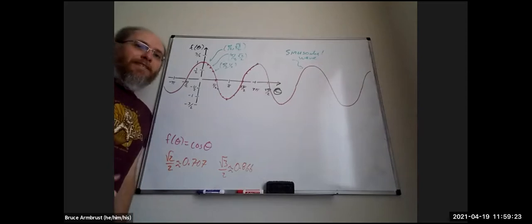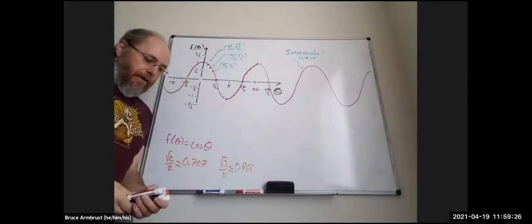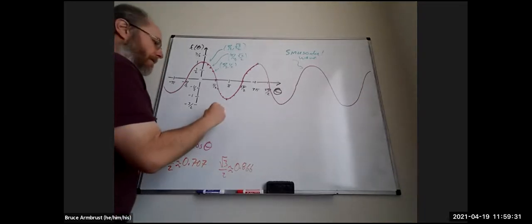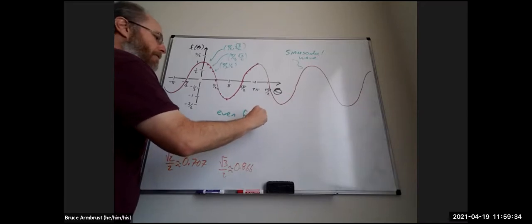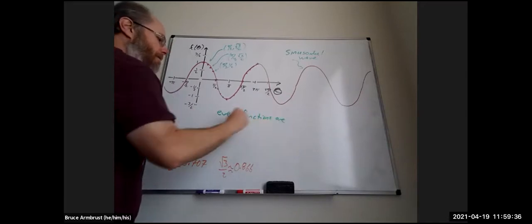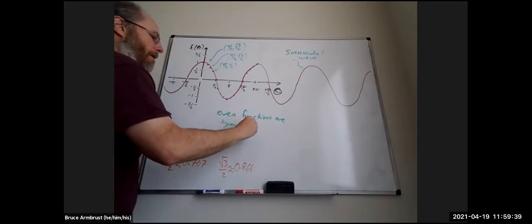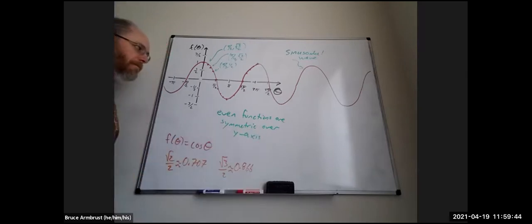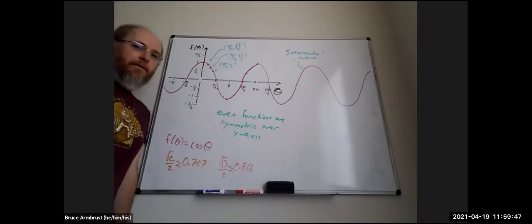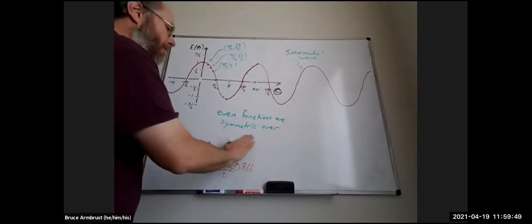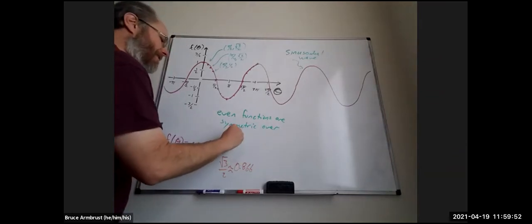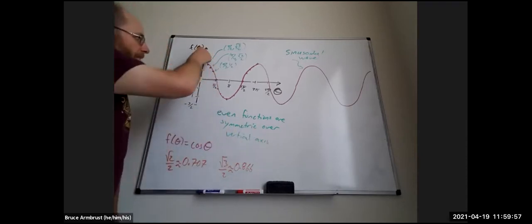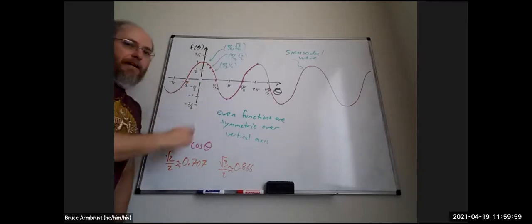But we also saw that it was even. Another thing I want to remind you about even functions is that they have symmetry. Even functions are symmetric over the y-axis, the vertical axis. Meaning if the vertical axis was a mirror, you see the same thing on both sides.